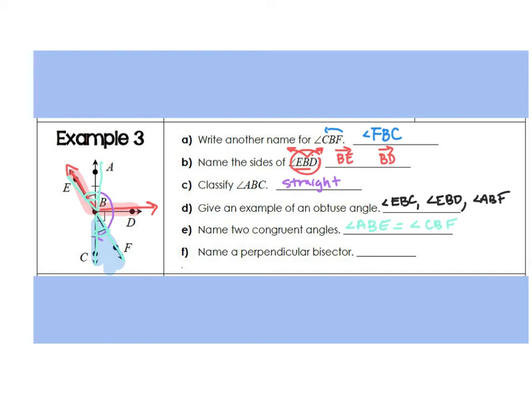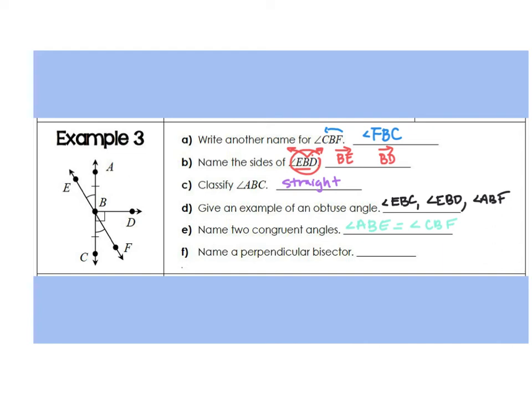Now the last thing says name a perpendicular bisector. So I'm going to erase everything that I have on here just so that the next thing that I'm going over is a little bit clearer. So my perpendicular bisector would be that line or that ray or that segment that cuts a line into two equal parts.